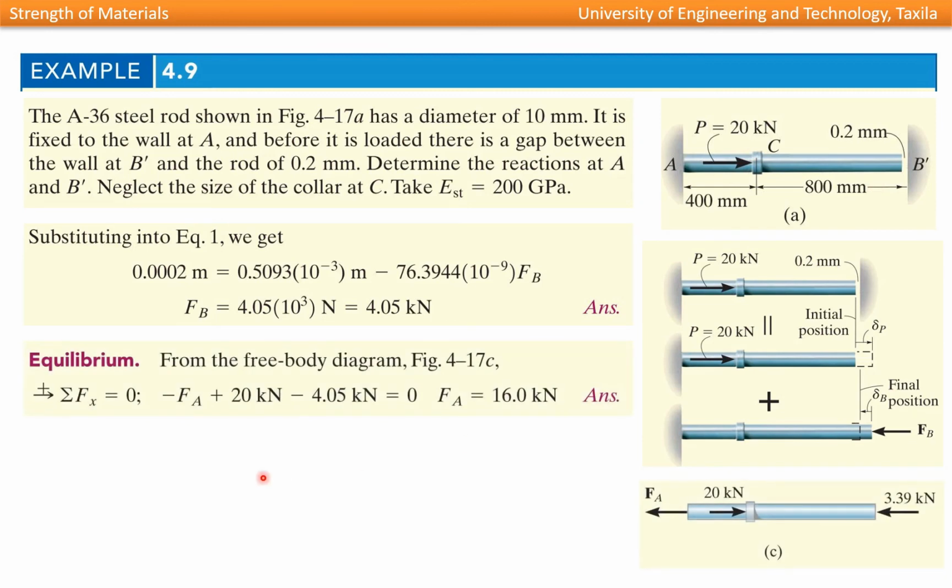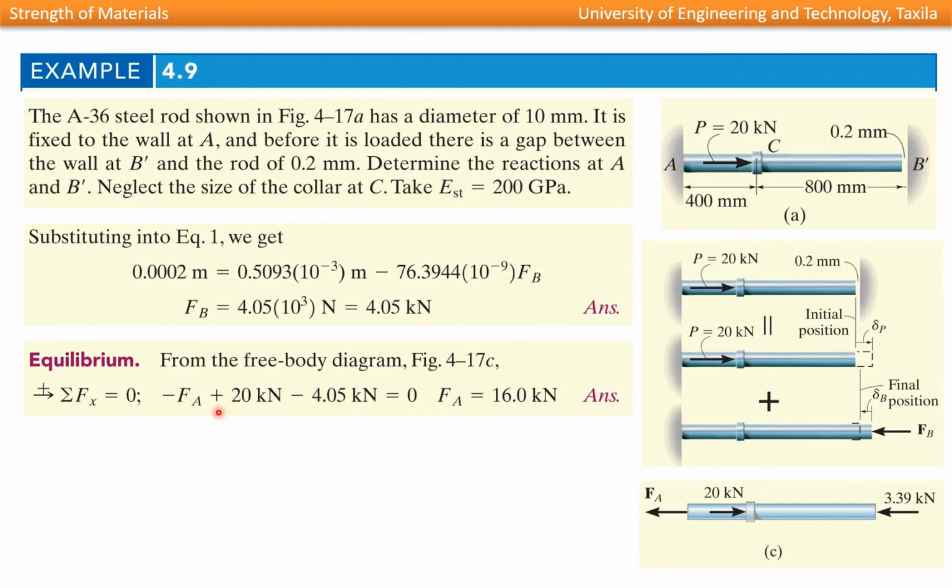Now write the equilibrium equation. For the equilibrium equation, we consider this free body diagram. This rod is fixed at A, so we have a reaction FA on the rod. It is subjected to external loading of 20 kilonewton acting towards the right, and here we have the determined reaction at B equal to 4.05 kilonewton.